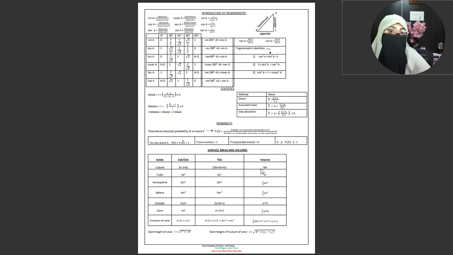LSA and TSA formulas, total surface area and lateral surface area, or the circumference of that cuboid or cube. It is very important for students to remember these formulas. In this chapter also there are 2 to 3 very important questions which will surely come, so we will discuss that in the upcoming video.